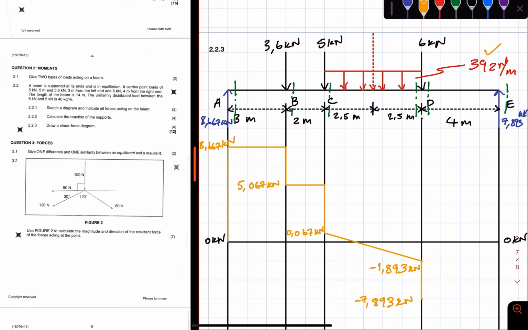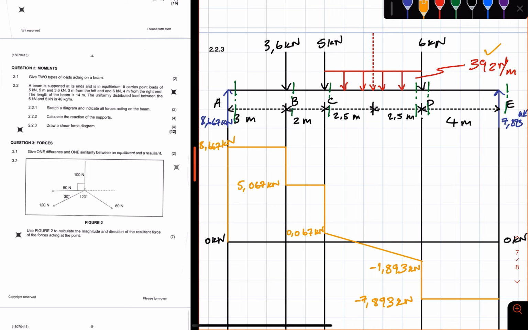Now, between point D and point E, there is no UDL. Therefore, we draw a line going straight across from point D. And when we get to section E, we consider forces on the left of section E, and the only force is the reaction support at point E. The reaction support is going up, hence we take it as positive.